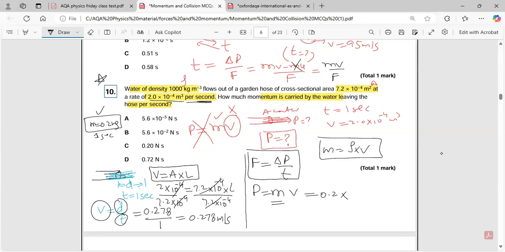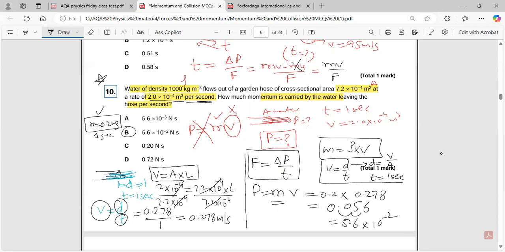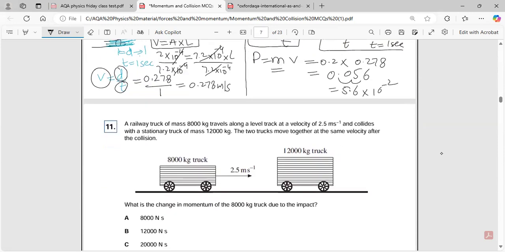And then you found speed by using this v equal d by t, where you found d by using volume divided by area, and time was 1 second. So that's how you do it. So the answer was 0.056. So this is 5.6 into 10 raised to power negative 2. So B is the option.